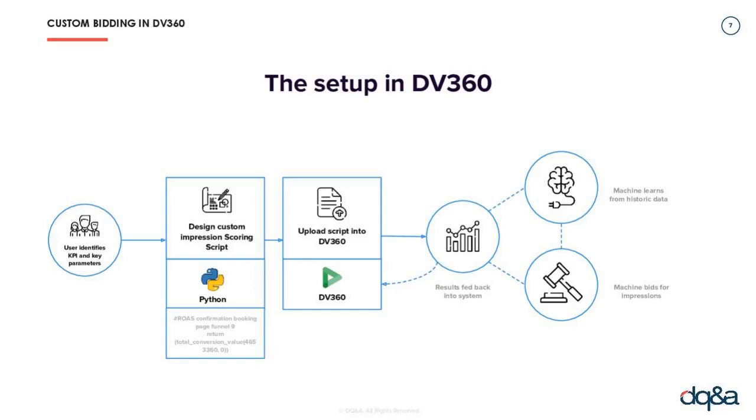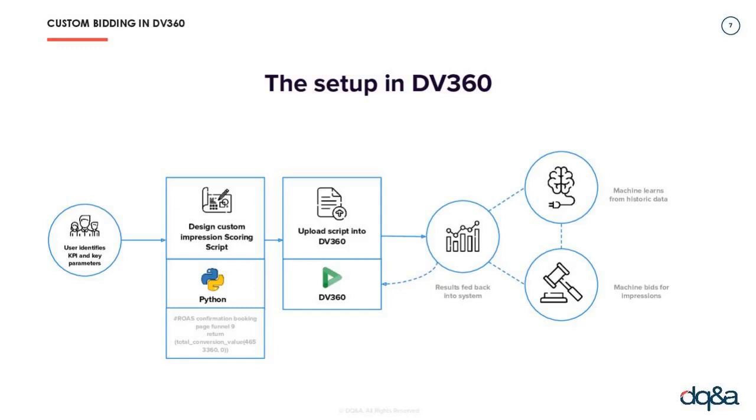I've put in an example here at the bottom, which is if it's interesting to optimize towards a return on ad spend, for example. And once that's designed, you're going to upload that script into the DV360 UI. Once you've done that, the custom algorithm, as said in the previous slide, is going to start learning from the scoring. So that's the machine learning.